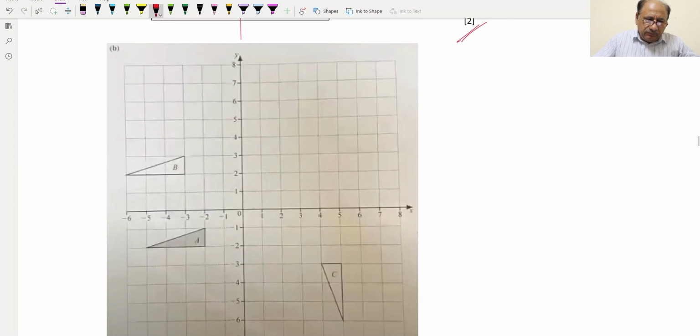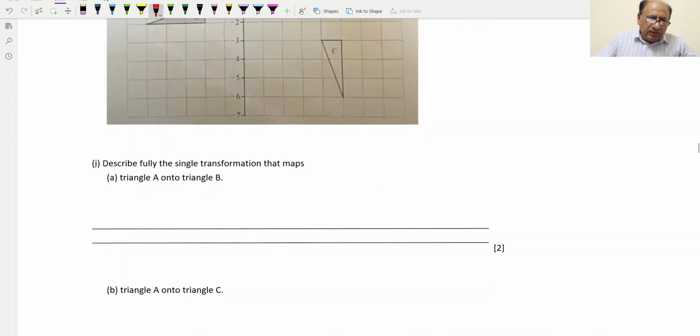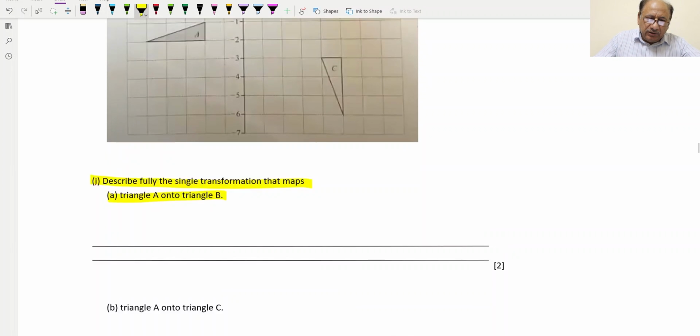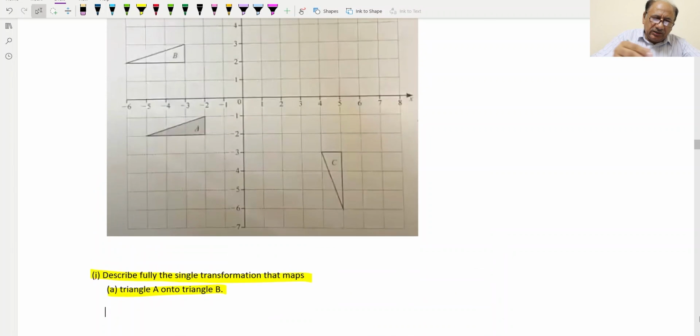Now this is the B part, which is three triangles ABC are provided, and they're saying the part 1 is describe the single transformation that maps triangle A onto B. A onto B, if we check, this is A, if we check this corner A onto B, it is 1.